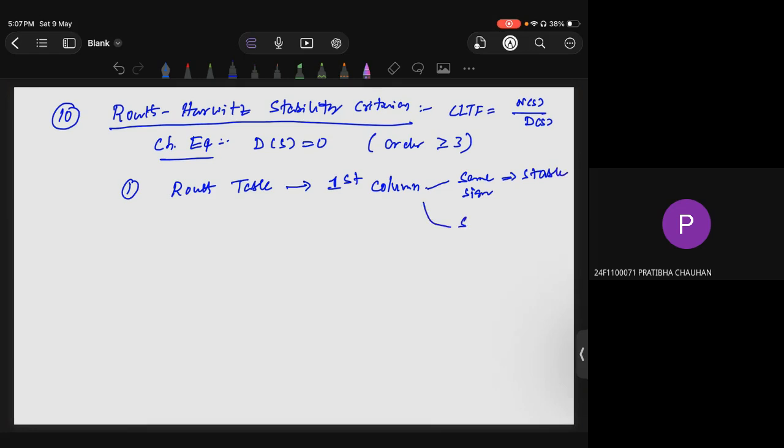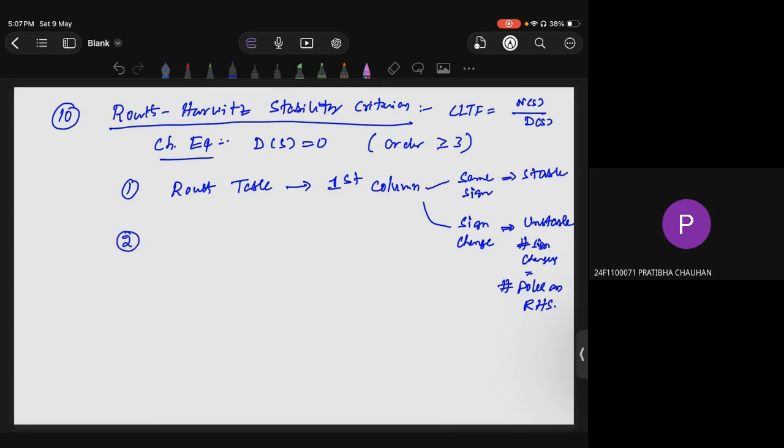If there is a sign change, then we say that the system is unstable, and the number of sign changes is equal to the number of poles on the RHS side. Correct?